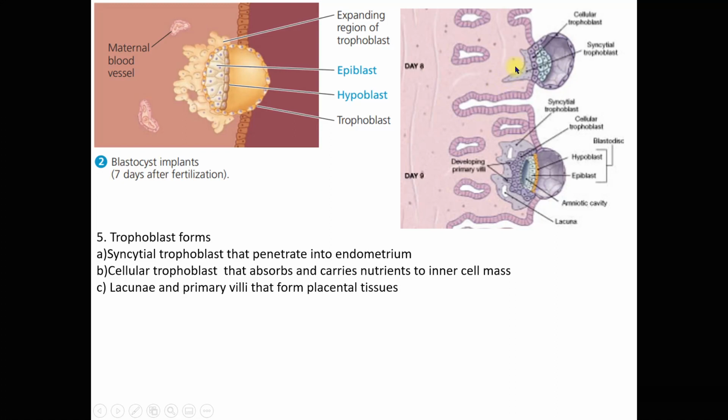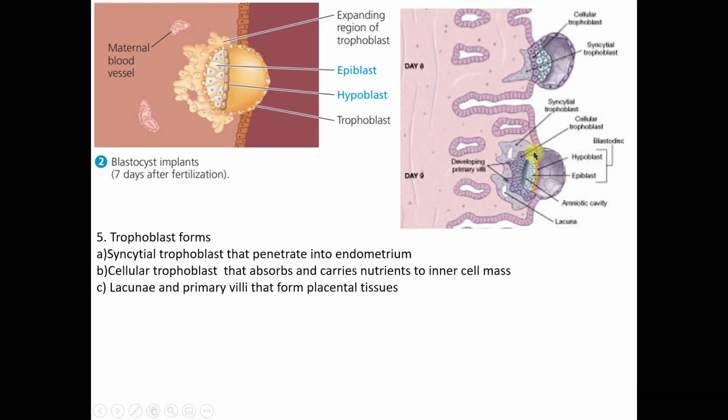This syncytial trophoblast will further penetrate into the endometrium, and the trophoblast also forms the cellular trophoblast. Can you see here? This cellular trophoblast will absorb and carry nutrients to the inner cell mass. So this cellular trophoblast will absorb nutrients from the wall of the endometrium to the inner cell mass.